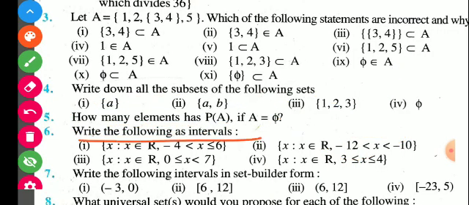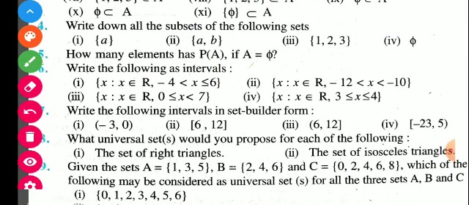Then we have to write this interval. Write the interval. This is given in roster form, set builder form. We have to write it in interval form. Then write down the interval in the set builder form.